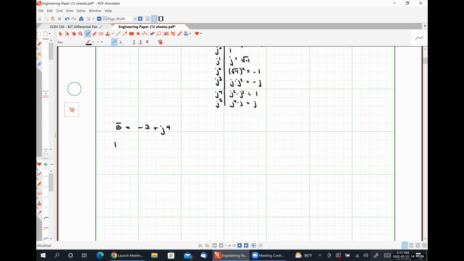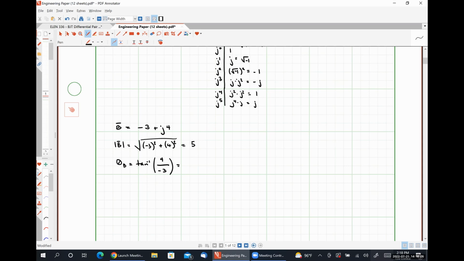So the magnitude of B would be equal to the square root of -3 squared plus 4 squared, which is the square root of 25. So our magnitude is simply 5. Our angle, theta B, is given by the inverse tangent of the imaginary part, which is 4, divided by the real part, which is -3.